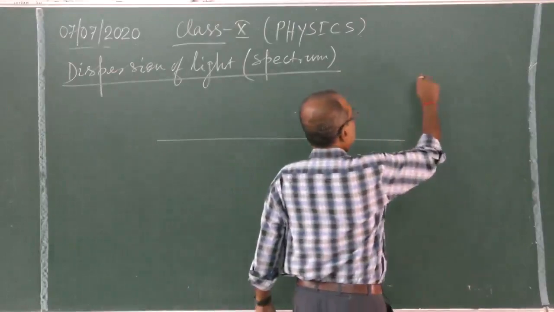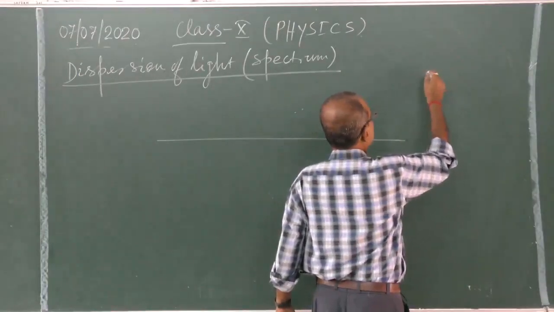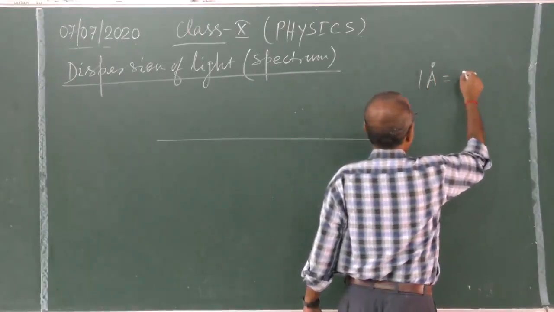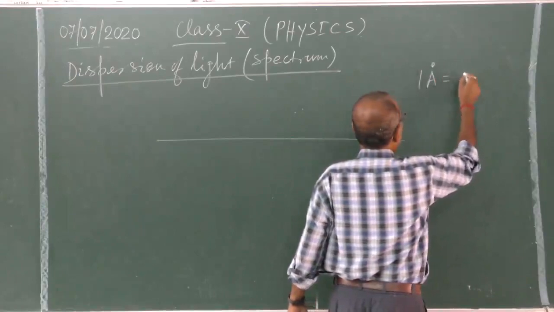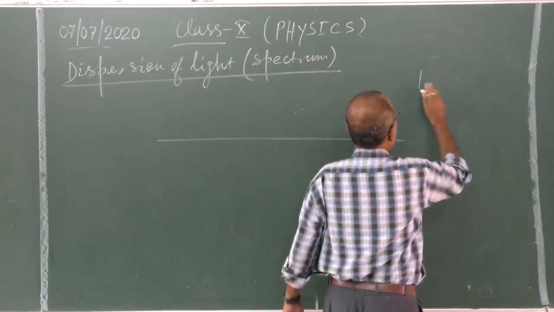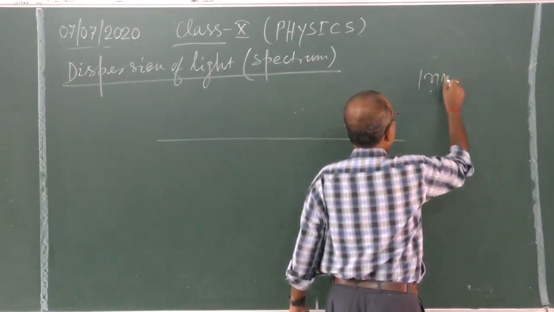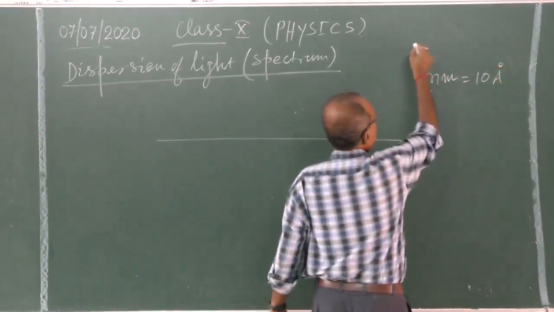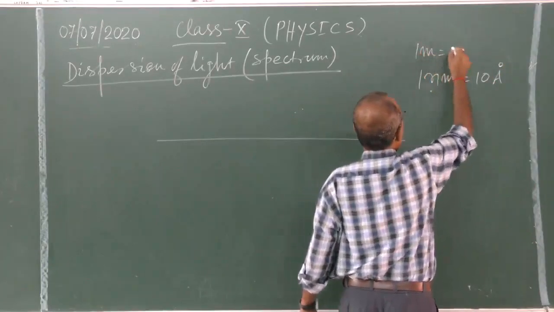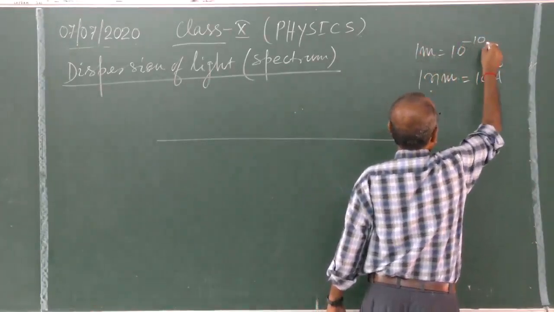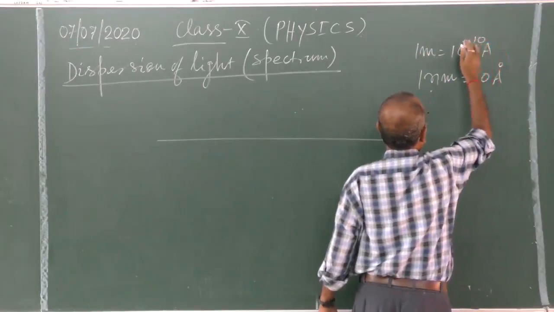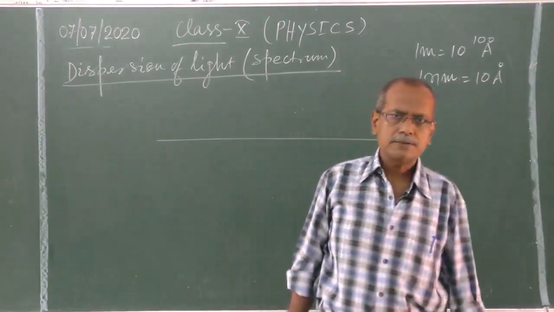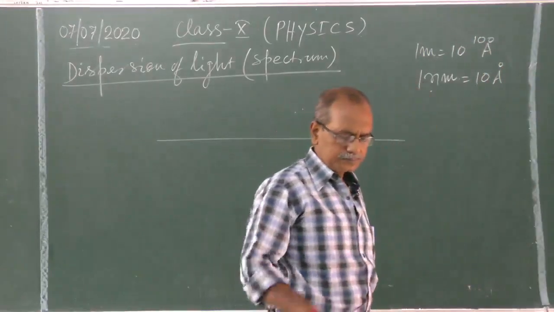As we know, 1 nanometer is equal to 10 angstrom, and 1 meter is equal to 10 to the power 10 angstrom.